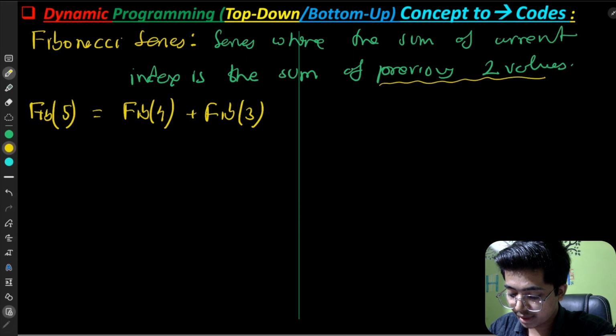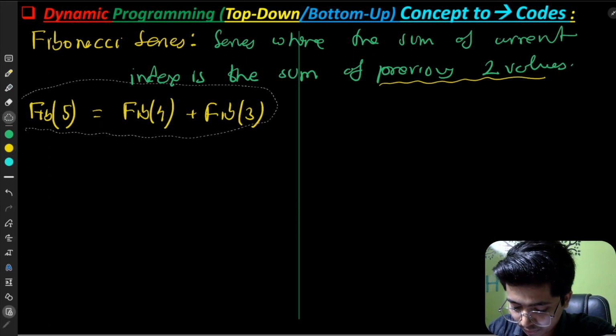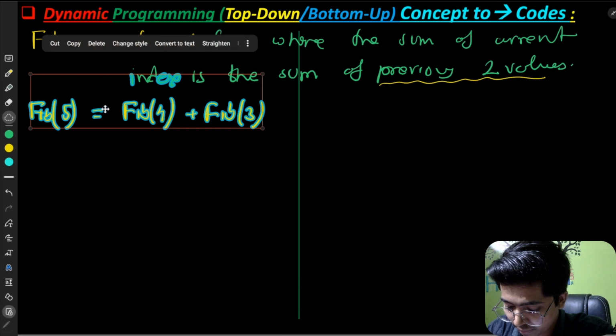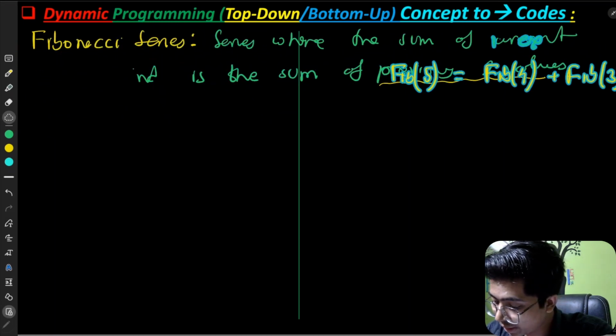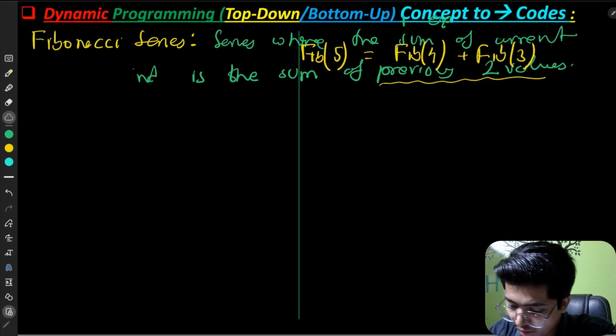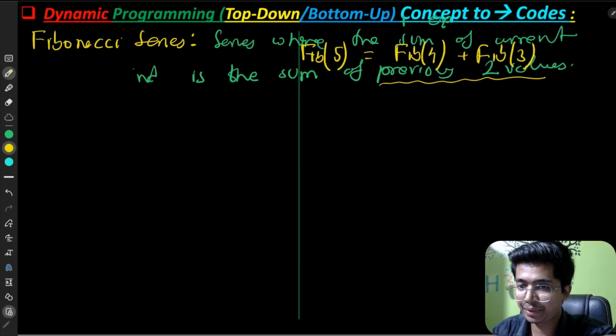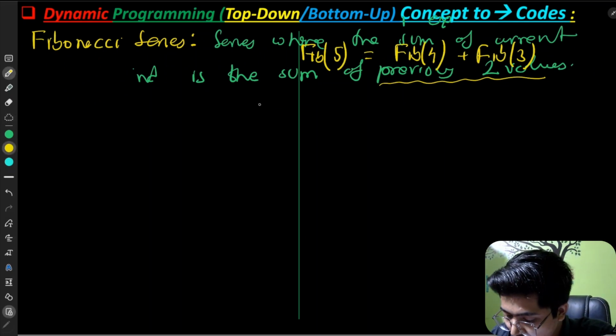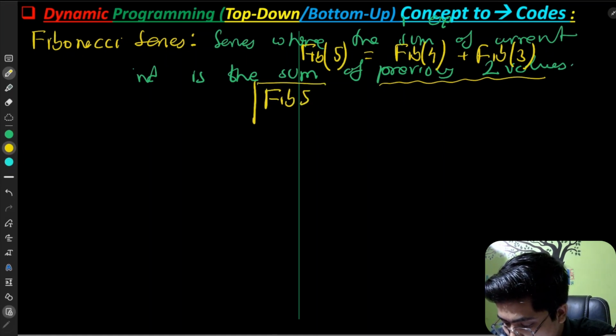So let me remove this. We are keeping it just here. Okay, so now we'll be constructing the Fibonacci tree. Let's draw it. Fibonacci of 5. Where is Fibonacci of 5 coming from?